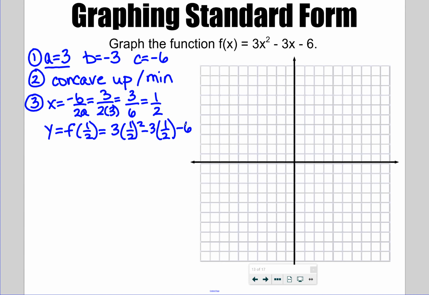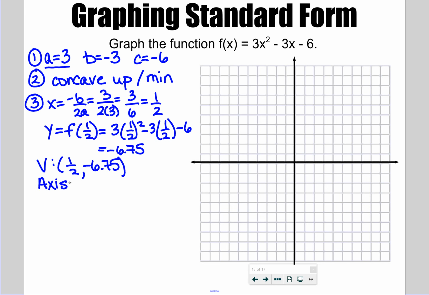And again, you can type that in your calculator at this point. And it gives me -6.75. So we say that the vertex is 1/2, -6.75, or if you want to say 0.5, -6.75, that's fine.